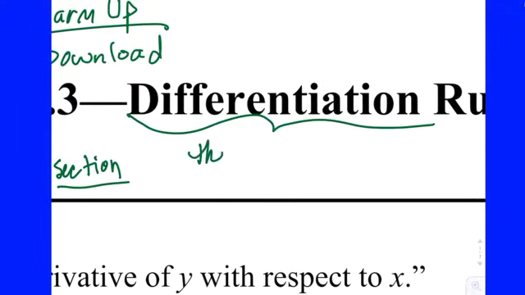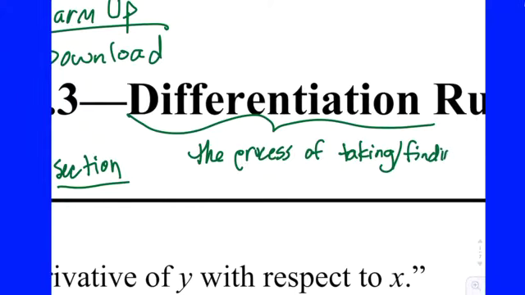Differentiation is basically the process of taking a derivative, or finding a derivative. And the derivative could be a function of x into which we can plug values to find slope, set it equal to a value that we want the slope to be, and solve for x. Or it could be finding numeric slope, with the modified form and the alternate form. So differentiation is the process of finding or taking a derivative.